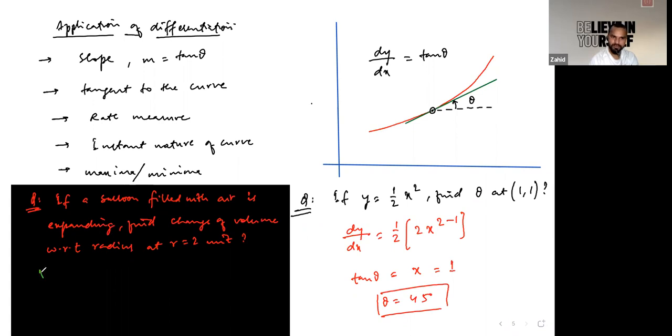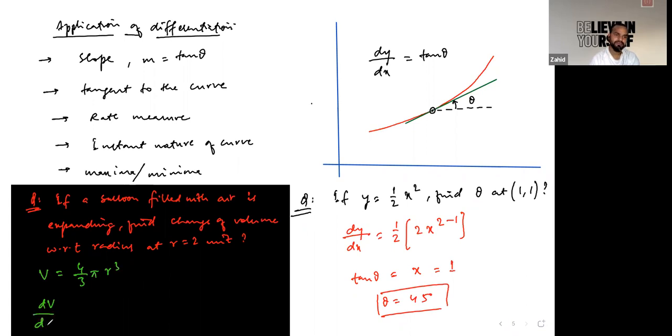As we have a formula, the volume of a sphere is 4 by 3 pi r cubed. I have assumed this balloon to be spherical in shape. That's why I have defined the volume of a sphere here in terms of radius. 4 by 3 pi is nothing but a constant term, so keep it as it is. And we have to differentiate this volume, which depends upon r.